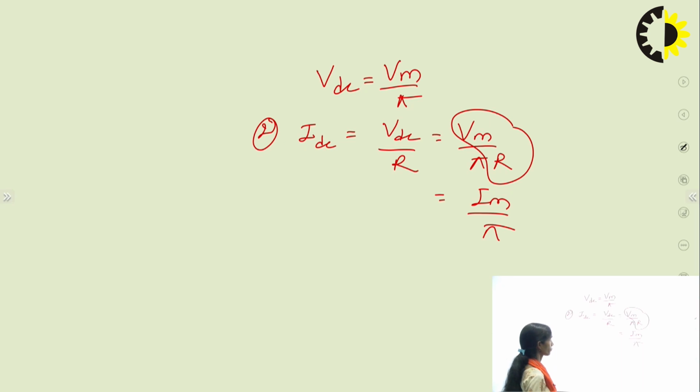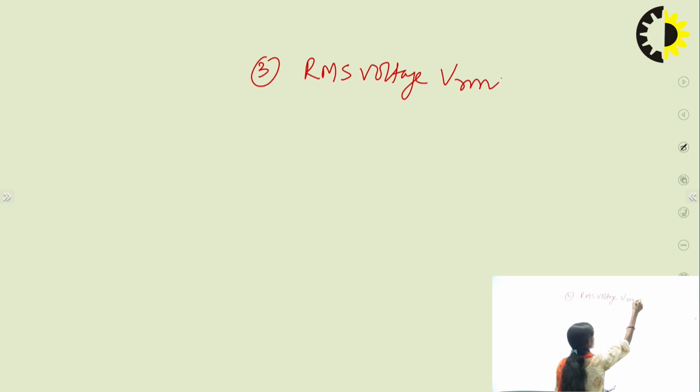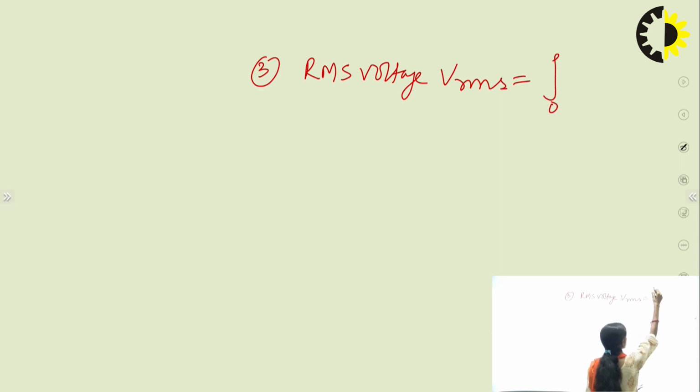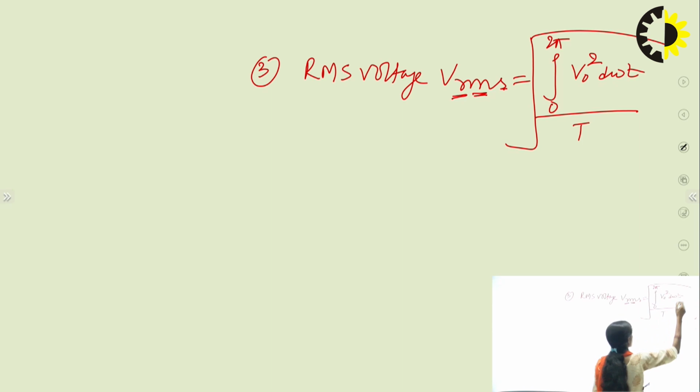Now next we are going to see the third parameter, that is the RMS voltage, VRMS. It is given by the root mean square formula. So we have to take the integration from 0 to 2 pi again, of V out square d omega t divided by T. So we have to take the square of the input, then the mean, and after that the square root of the whole value.